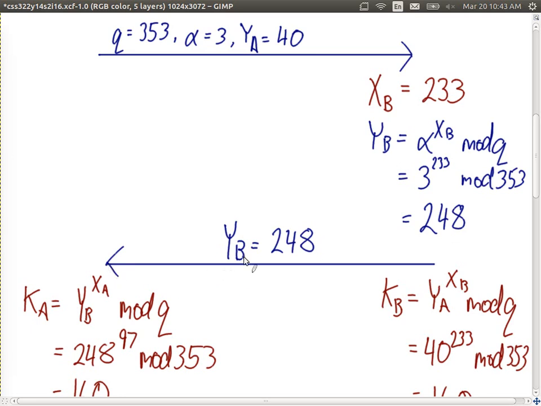So both sides know alpha, Q, they know their own private X, and they know both values of Y, their own public Y and the public Y from the other user.